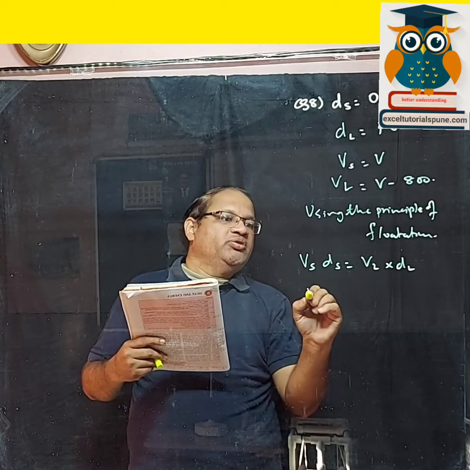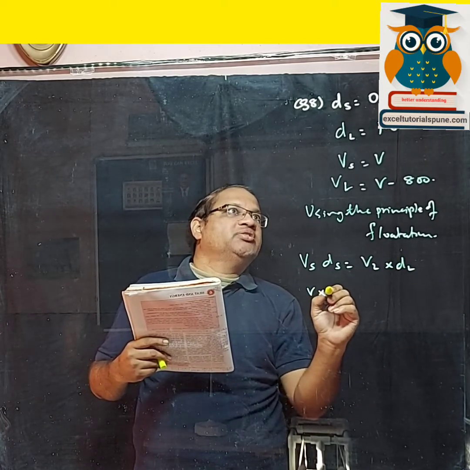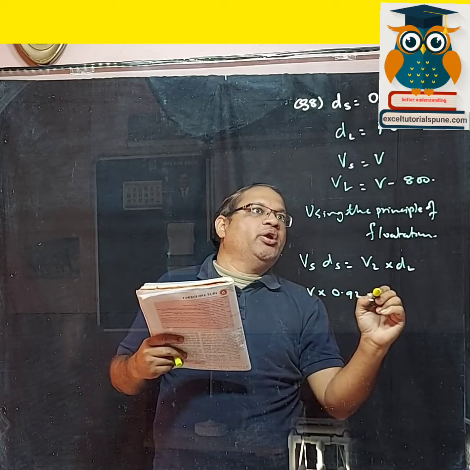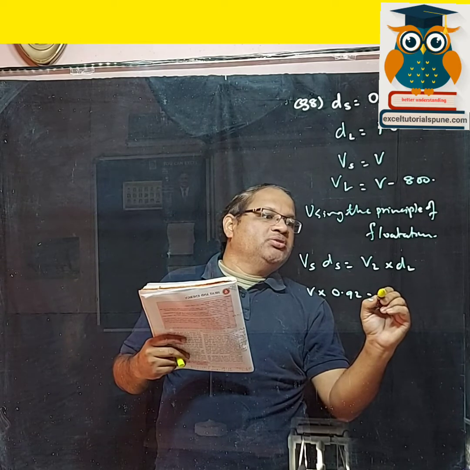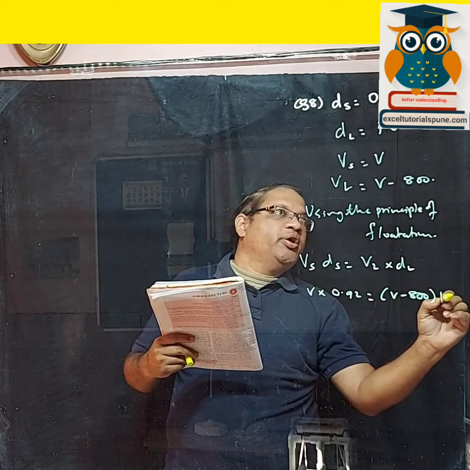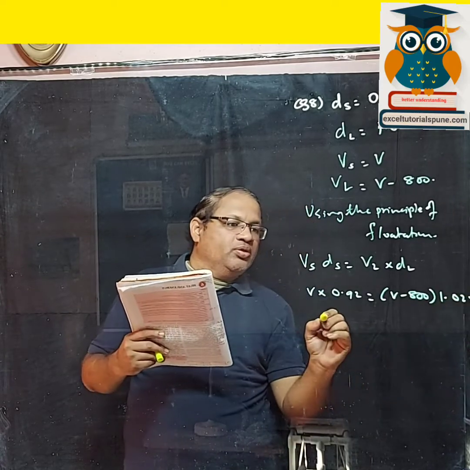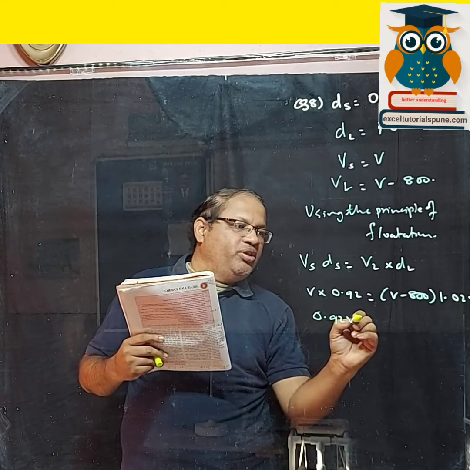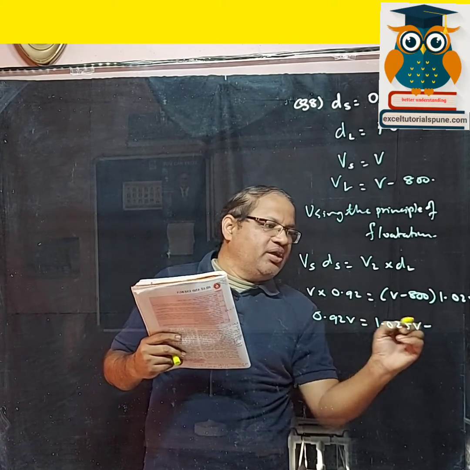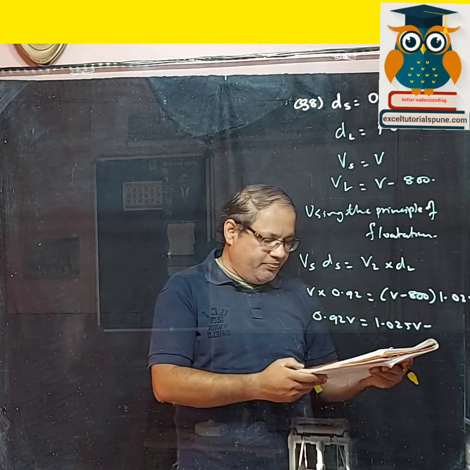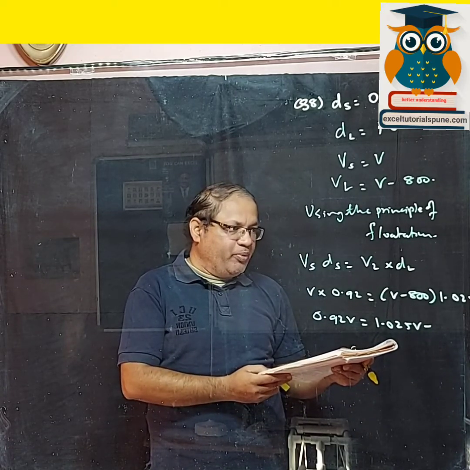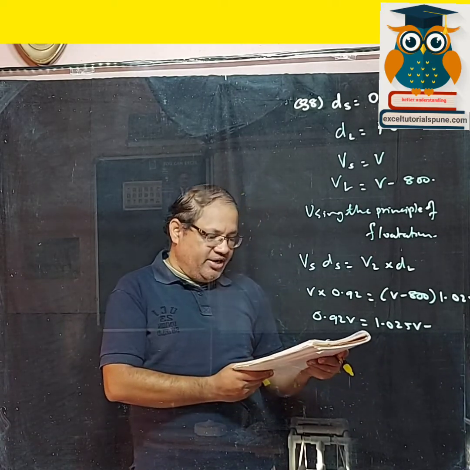So volume of solid is V, density of solid is 0.92, volume of liquid is V minus 800, into density of liquid, 1.025. So that is 0.92 V is equal to 1.025 into (V minus 800), that is 1.025 V minus 800 into 1.025, that is 820.